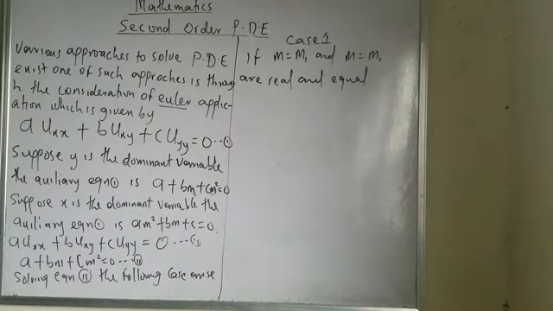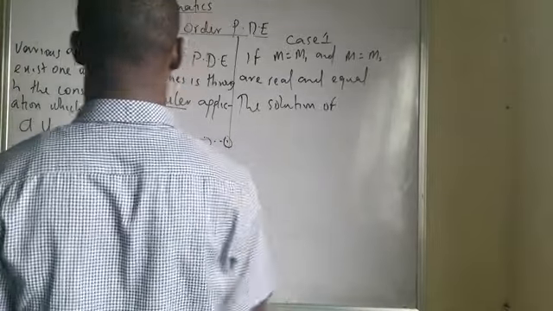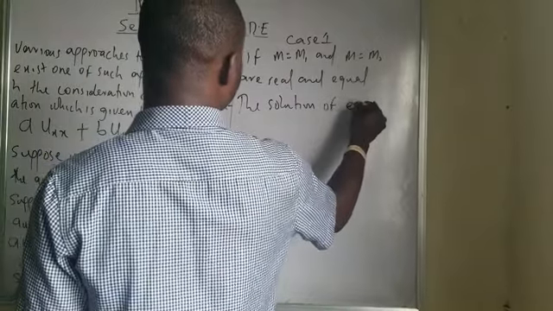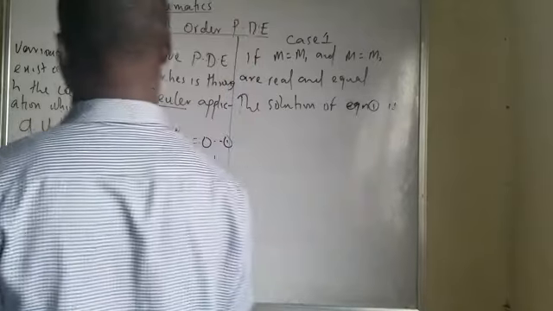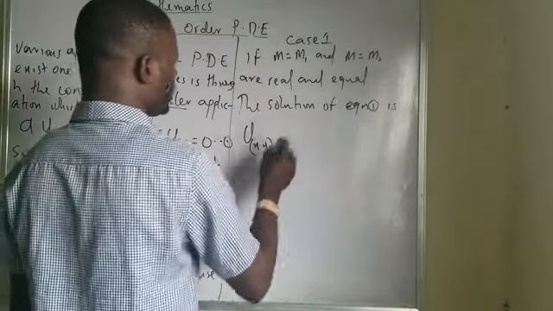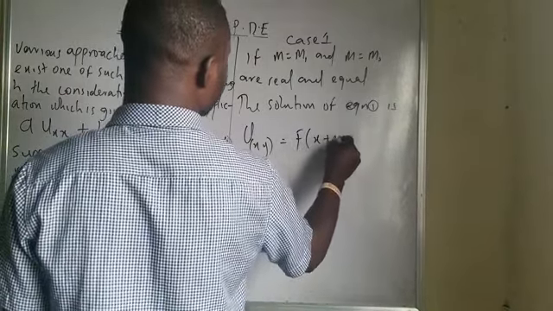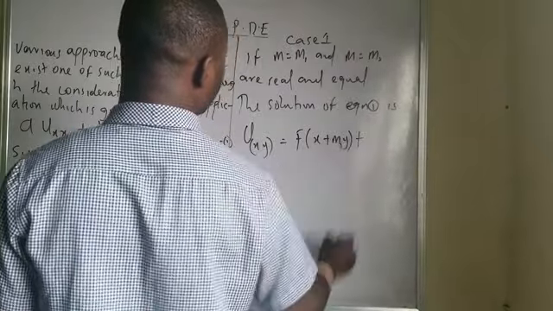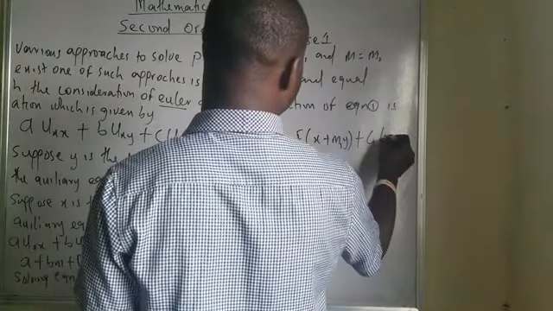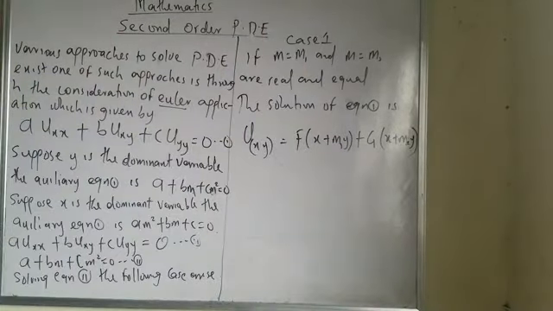If that is the case, the solution of equation 1 will be u of x, y equals f bracket of x plus m1y, plus g of x plus m2y. That is how the solution looks.